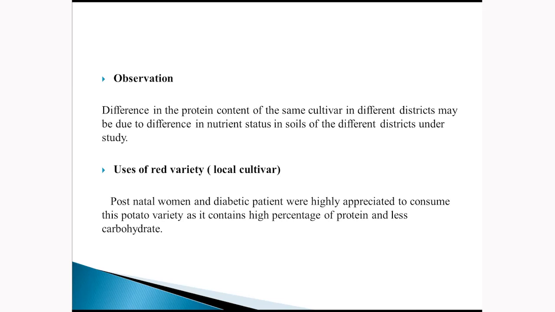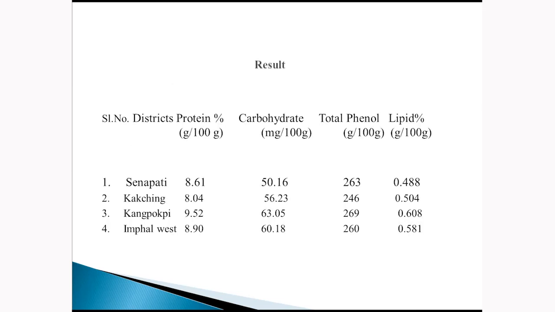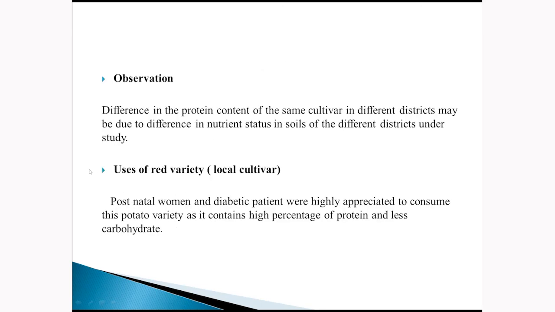Among them, I have noticed that this Kangpokpi area, where the protein content is very high, has the maximum nitrogen content compared to the other three districts of Manipur. So maybe the nitrogen content is very high in this soil, so the protein content is very high. This is what I have concluded.